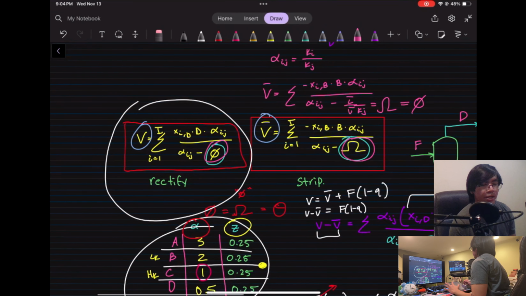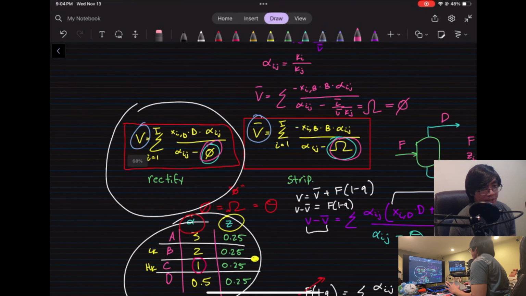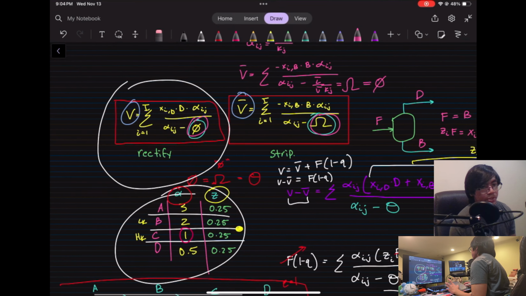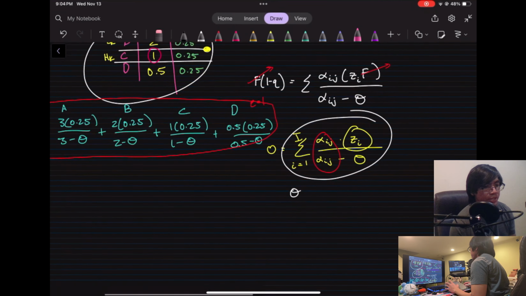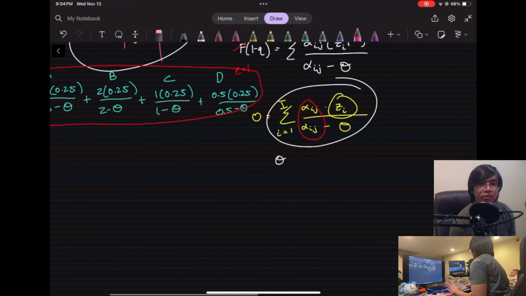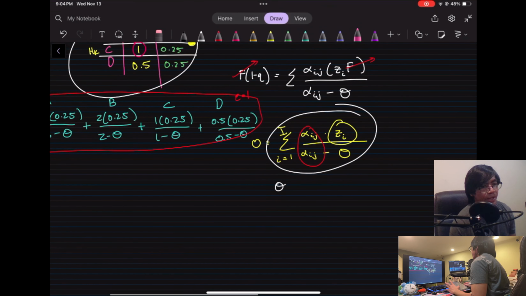Those terms said by Underwood are equal to each other. They share a common root. That's how we find our minimum reflux ratio, the pinch points between the rectifying and stripping sections that they share. We subtracted those equations to end up with a final equation that we found the root of in our Python Colab.